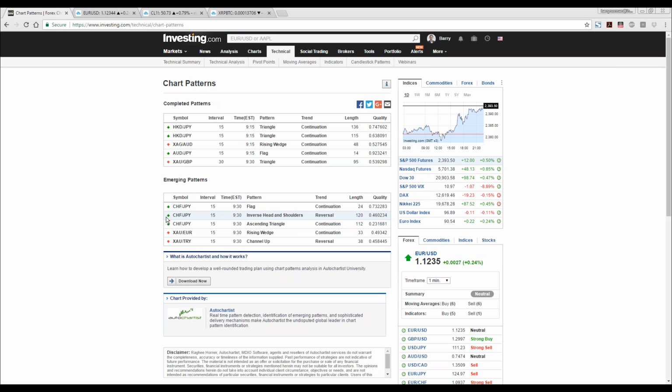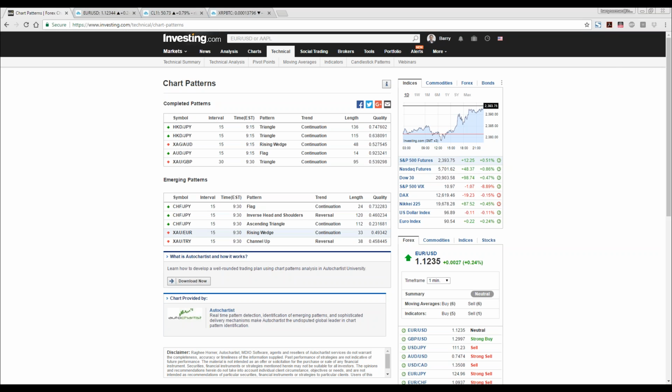Like I said, you can go to Auto Chartist, and they have all of theirs. You can download Auto Chartist here. This is not my system, so I don't know what the quality is, and I don't even know how the mathematical calculation's done, and I don't use the calculations. I use the patterns, and I look at the trend lines.